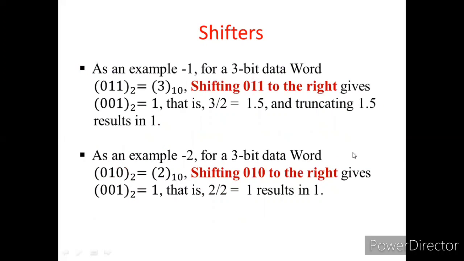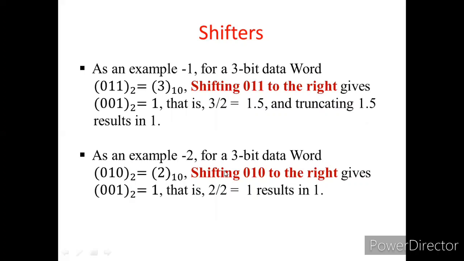Now let us see some examples. As example 1, for 3-bit data words, we consider 0, 1, 1, which is equal to 3 in decimal. When we shift 0, 1, 1 to the right, it gives 0, 0, 1, because at the MSB we add 0. This is equal to 1 in decimal. That is, 3 divided by 2 is 1.5, and truncating 1.5 results in 1, because we consider the whole number.